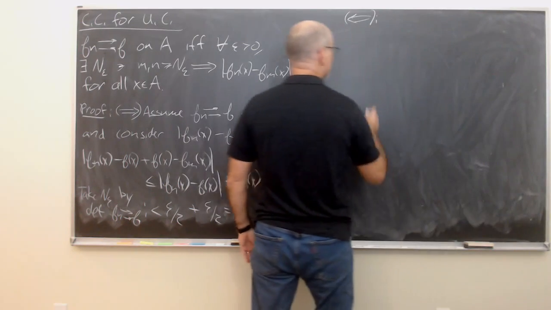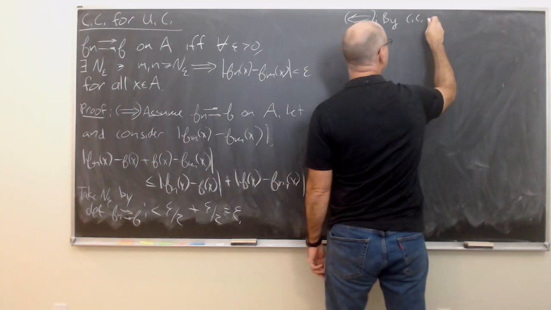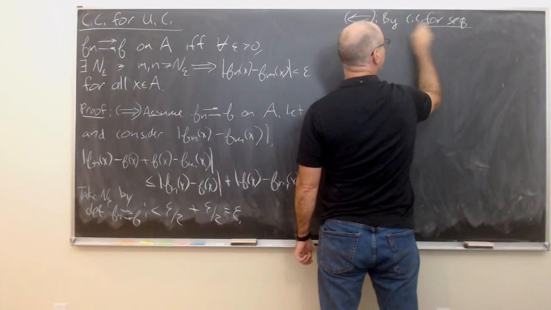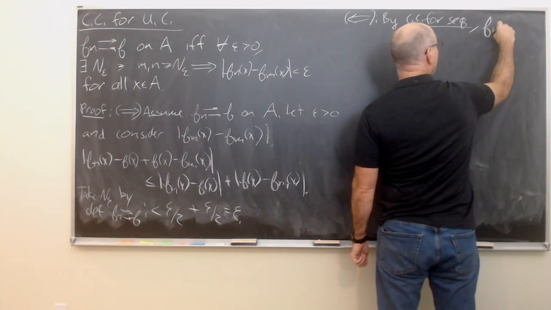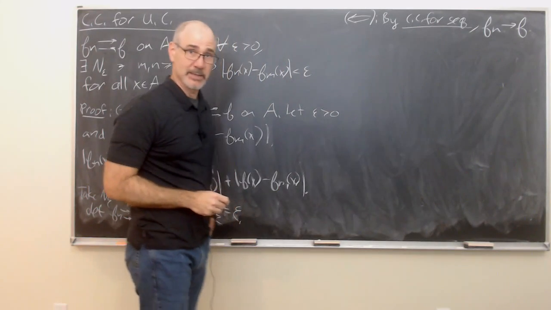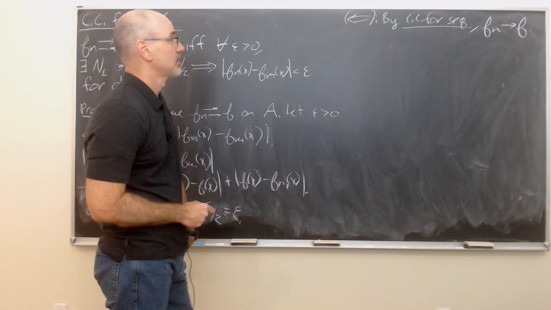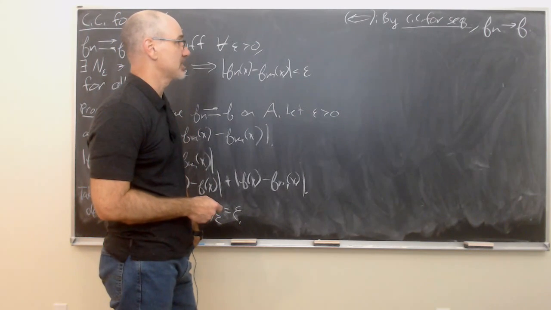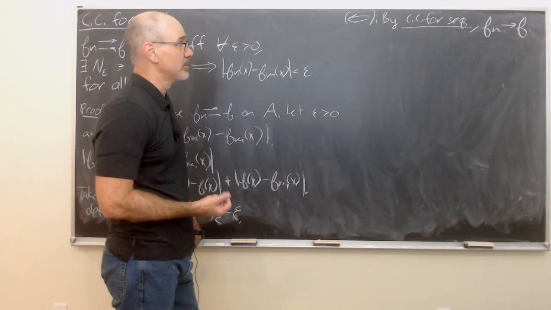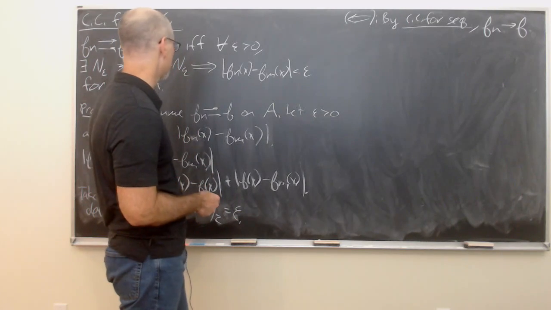Now, the first thing here is by the regular Cauchy criterion for sequences, we do know that there has to be a pointwise limit to my function sequence. So there has to be some f to which the f_n's converge at each point x. We just don't know yet whether that's uniform convergence. Right? We do know that we have convergence pointwise at least.